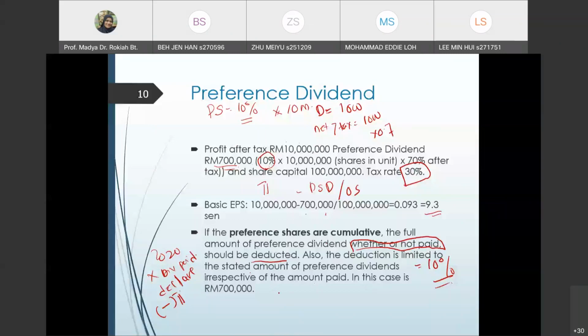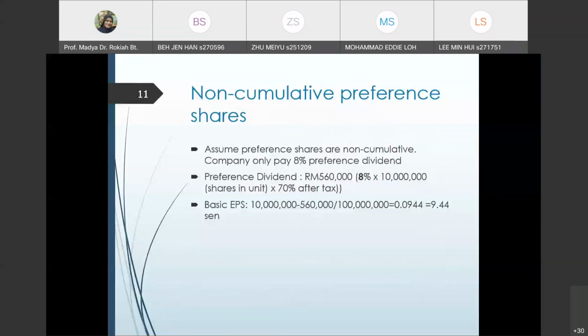But if that one is non-cumulative, you don't have to minus that one. For non-cumulative preference shares, say the company only paid 8% preference shares. So assuming the preference shares here are 8% times 10 million in terms of the number of units, and then times 70%, the rate after tax, you're going to have 560.